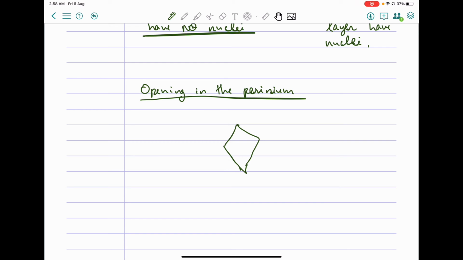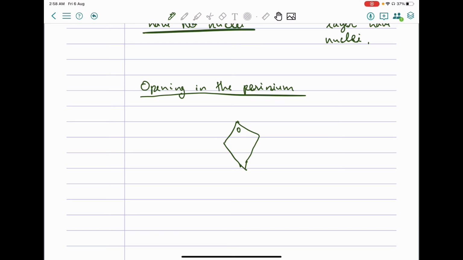The first one is the urethra. The second one is the vagina, and the last one is the anus, that is the anal canal. So we will take this. Let's first talk about the urethra.